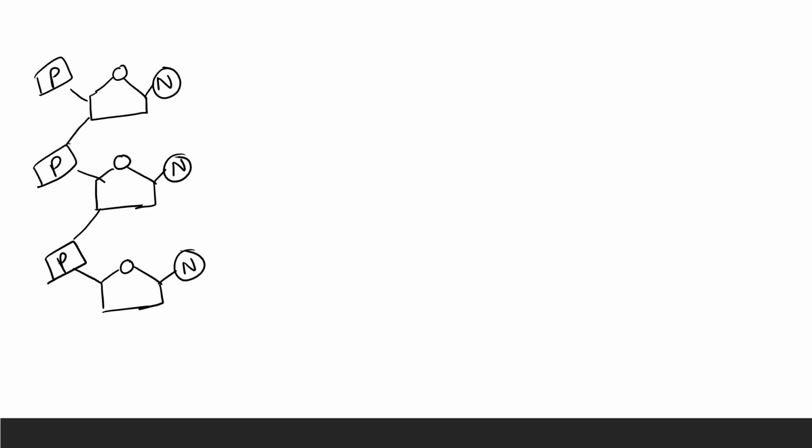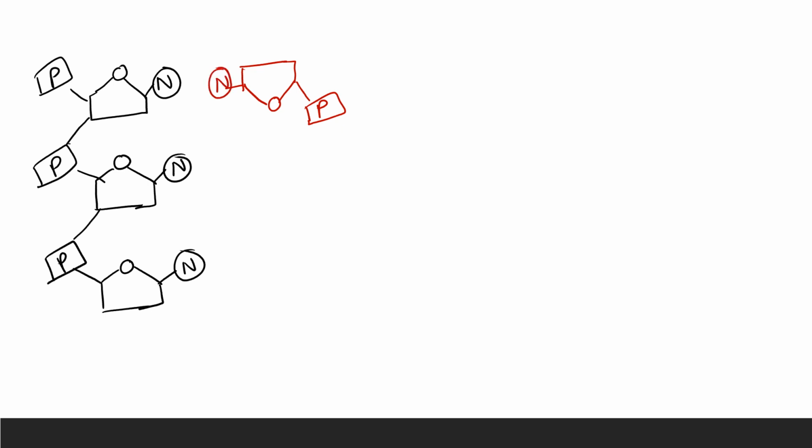When we are saying anti-parallel, everything is upside down, right? So let's draw it. So this is the second chain, and here we have now phosphate, right? Phosphate will be on this side and nitrogen will be on this side, right?